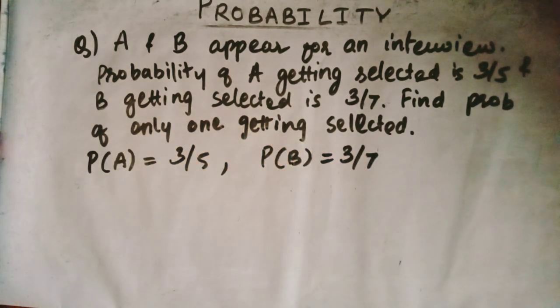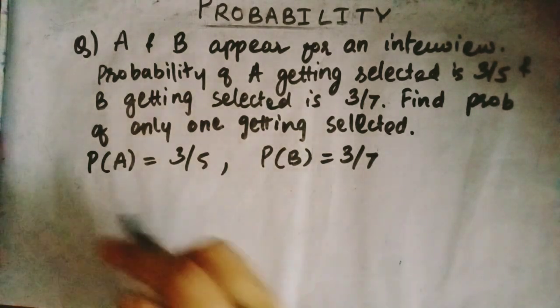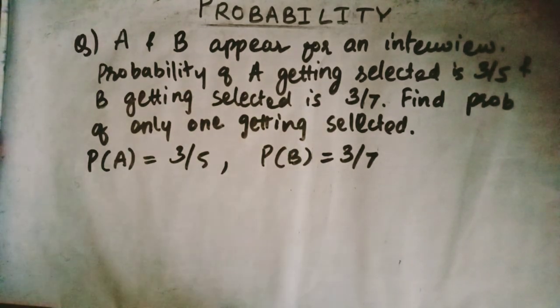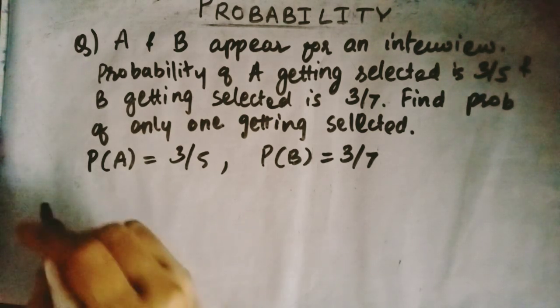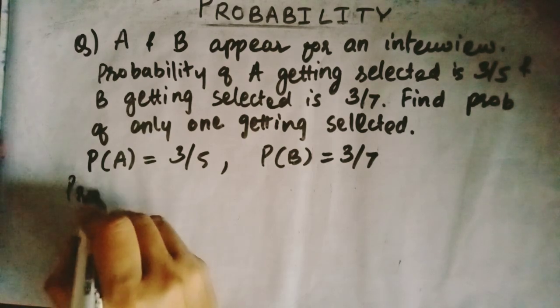When the interview happens, only one getting selected means one has to be rejected, right? So one is not getting selected and one is getting selected, and its combination means that will be an intersection.